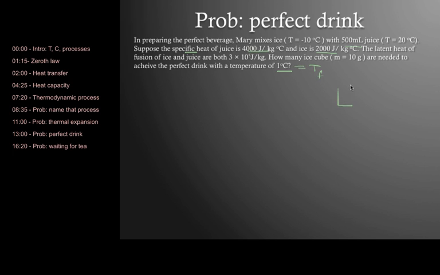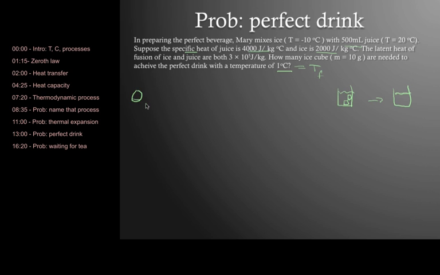When we originally put it in here, we have the juice and a couple of ice cubes in here. And then at the end, since we're at 1 degree Celsius, everything is going to be a liquid. So we have to melt the ice, and then increase the temperature of the ice up to 1 degree Celsius.